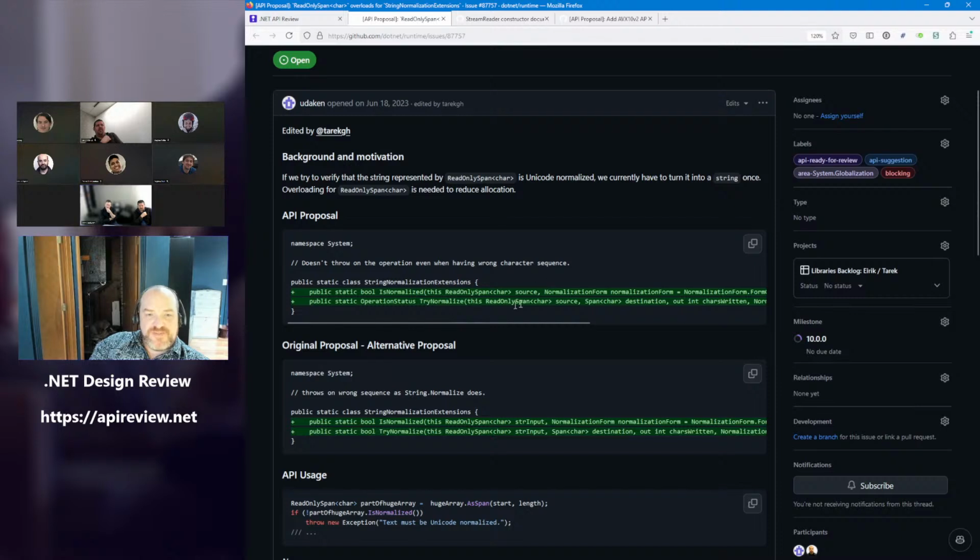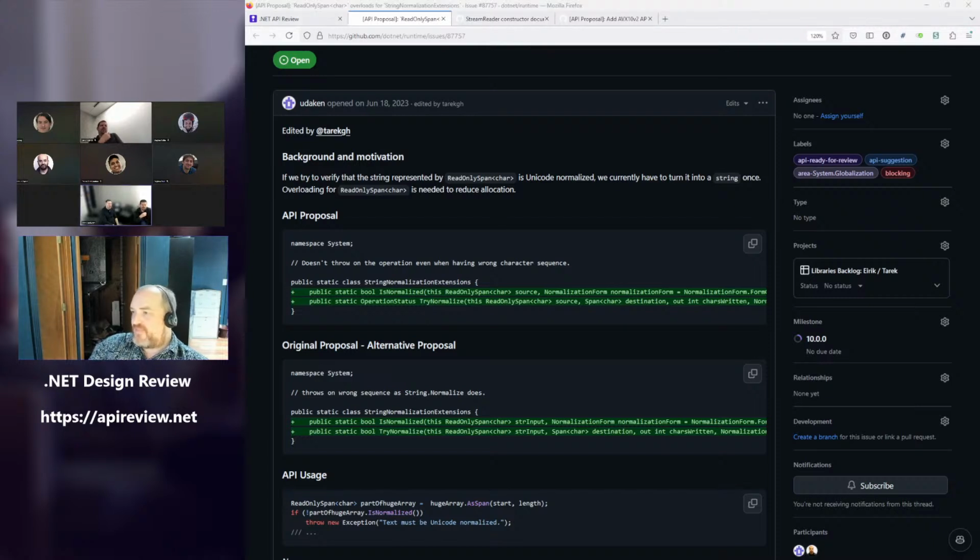But it's already on string though, so it may as well be on ReadOnlySpan<char>. Fair enough. We already have specialized extension methods for ReadOnlySpan<char>, for trim and other things, so that seems fine. ReadOnlySpan<char> seems incredibly specialized, so I think that's fine to me.